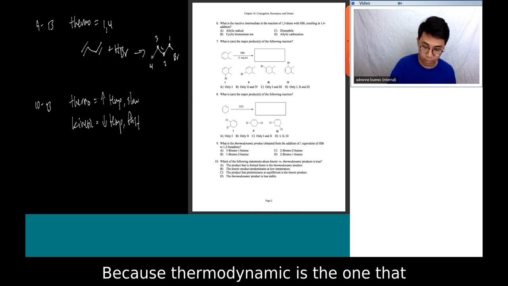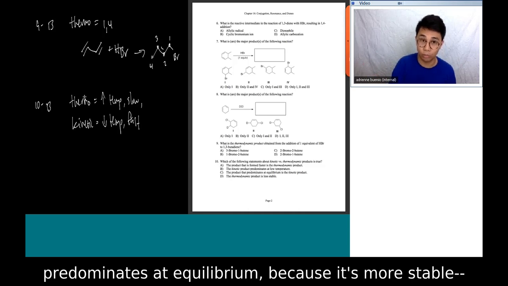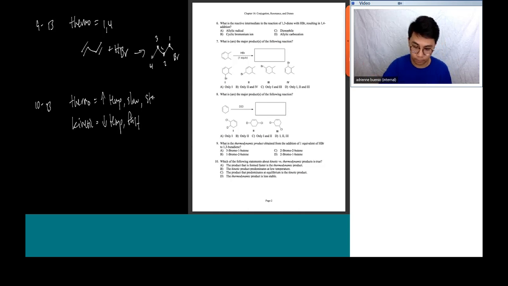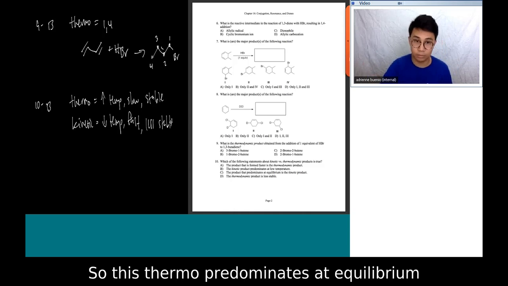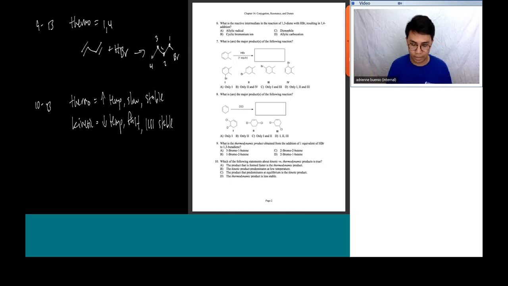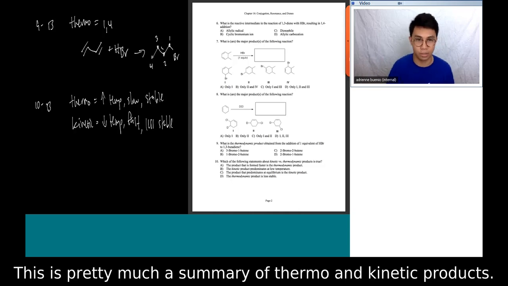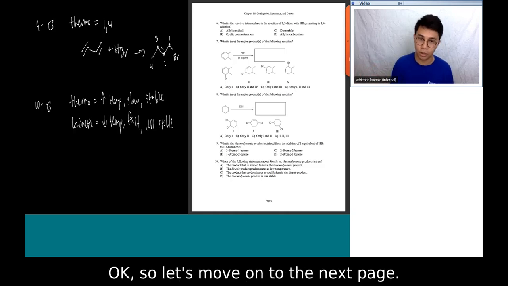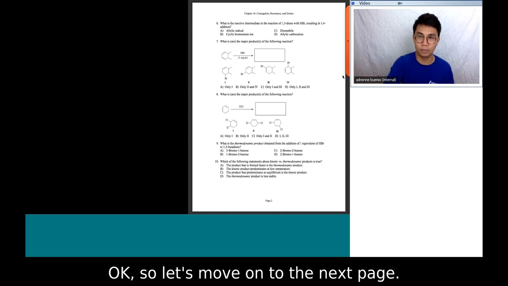Because thermodynamic is the one that predominates at equilibrium, because it's more stable, right? So that's all there is to it. Think of this as pretty much a summary of thermo and kinetic products. So that's good. Okay, let's move on to the next page.